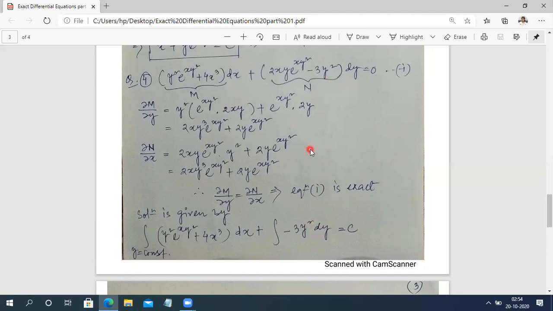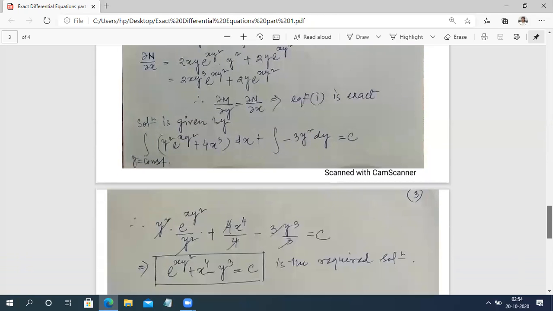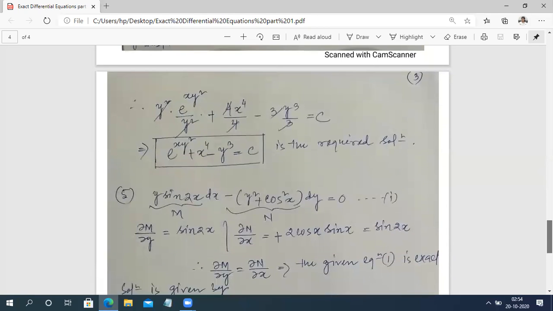In this question there is only one term, that is minus 3y square. This term does not contain any x. So we have to integrate this minus of 3y square. We have to include the sign also. So minus of 3y square, after integrating we will get the solution, and this is the solution of the given differential equation, which is in exact form.